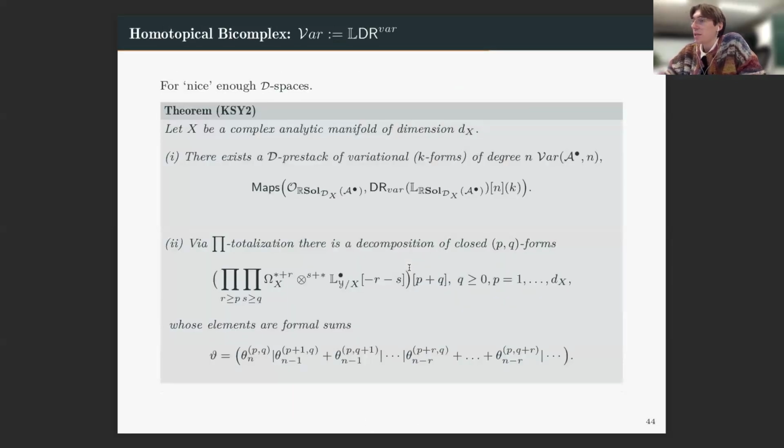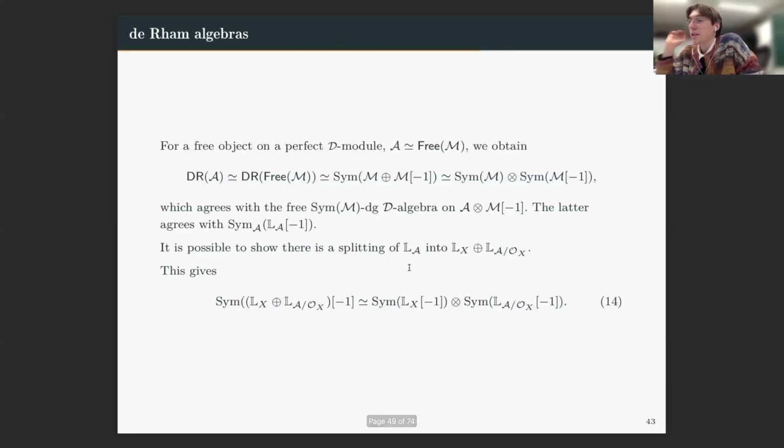Okay, and so if you play the exact same game, as we saw before with the shifted symplectic structures, you can cook up the de Rham algebra of this. So this is shown for a very specific case of a free D-algebra. This is the free symmetric algebra on a compact D-module.